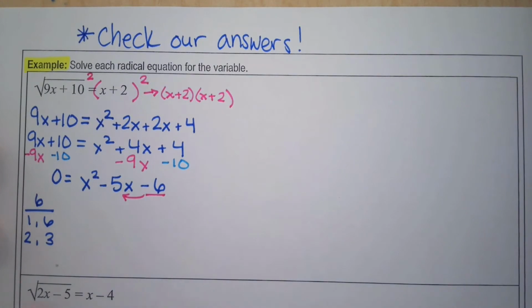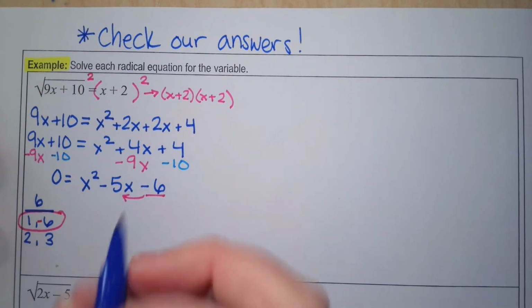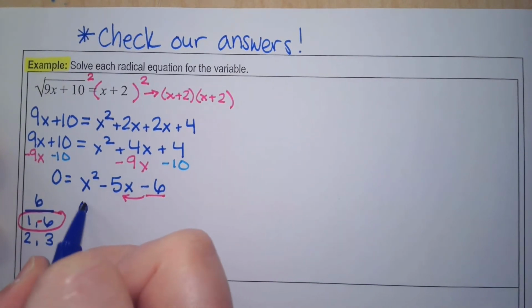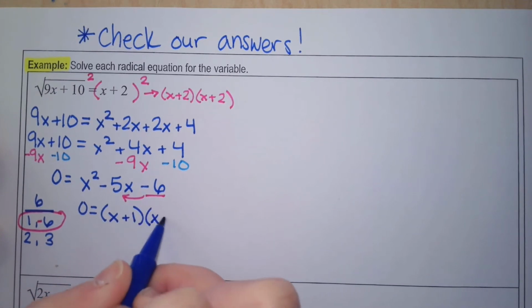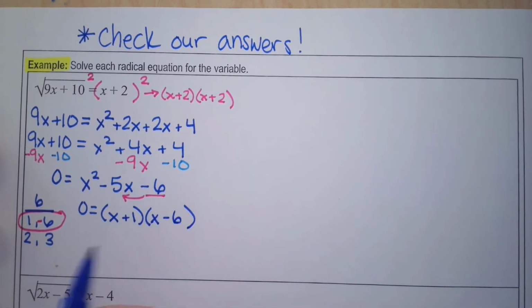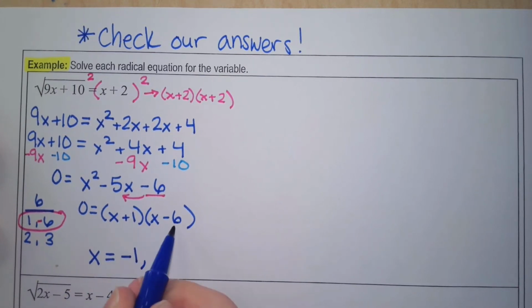So in that situation, 1 and 6 is our pair, with 6 getting the negative. So we have 0 is equal to x plus 1 and x minus 6. And now remember, just to solve for x, take the opposite. Opposite of positive 1 is negative 1. Opposite of minus 6 is positive 6.